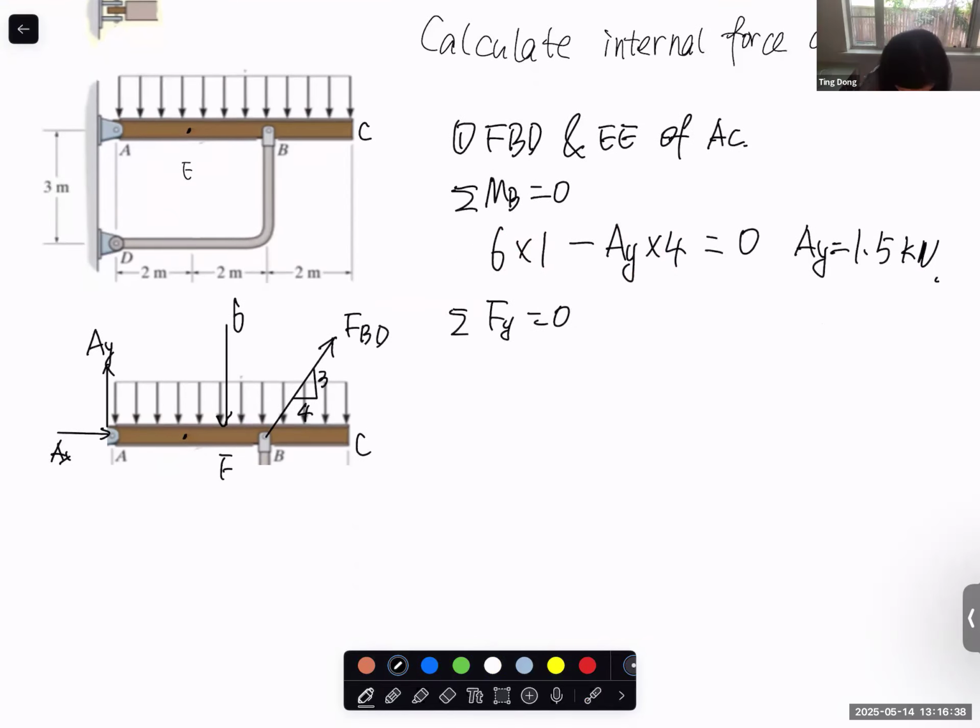So AY minus 6 plus the y component becomes 3, 5, F, B, D. This is the y component of BD force. This one should be equal to 0. So we calculate BD force equal to 7.5 kilonewton.